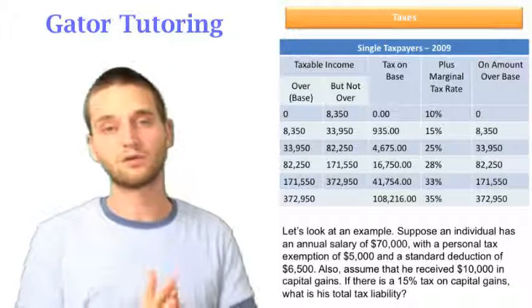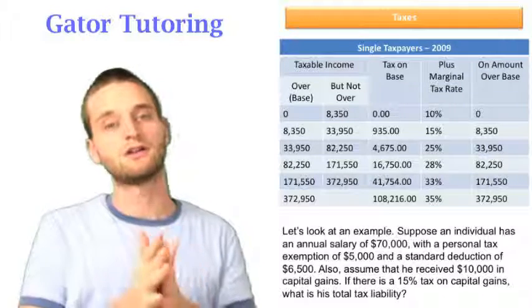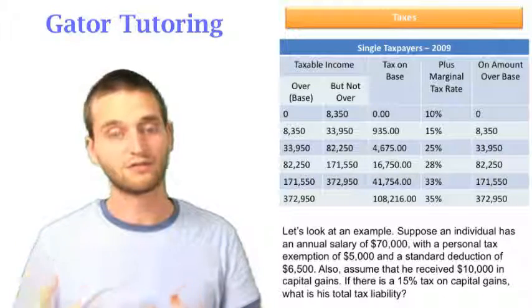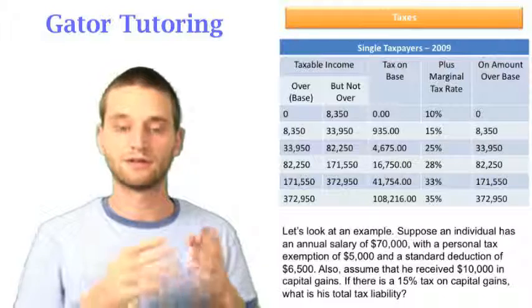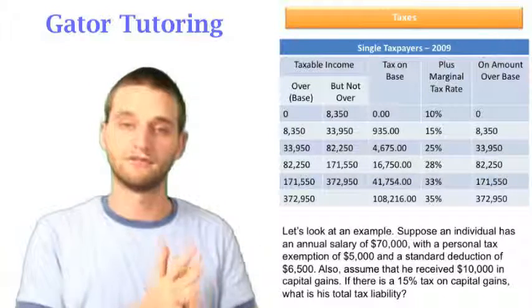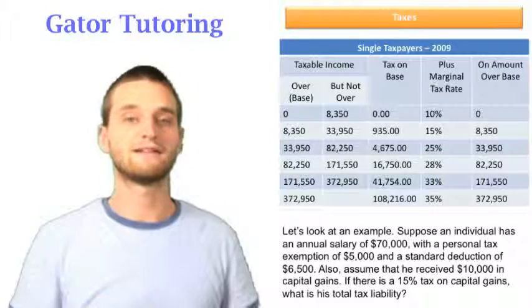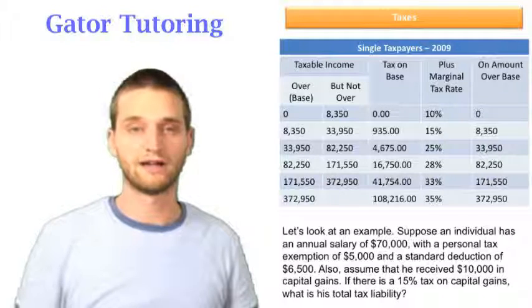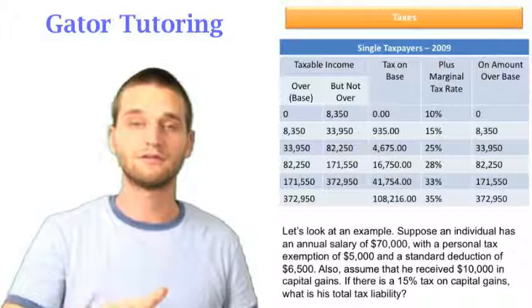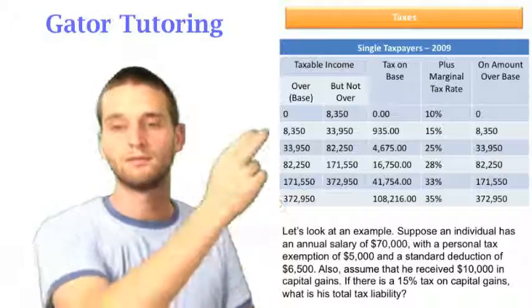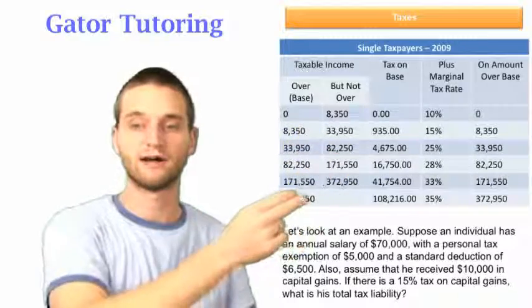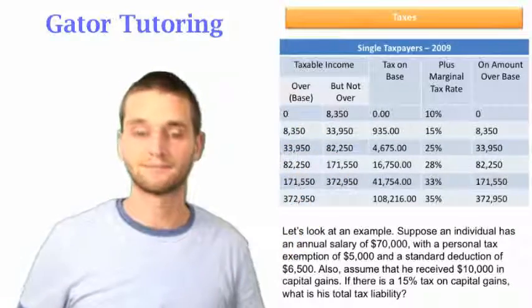The way the tax code works, it separates out the income you make in wages and salaries from your job and the capital gains that you make from investments. And so we see that there's a flat tax of 15% on all capital gains. The $10,000 that he received as capital gains won't come into play when we're trying to find the number that falls in this bracket.